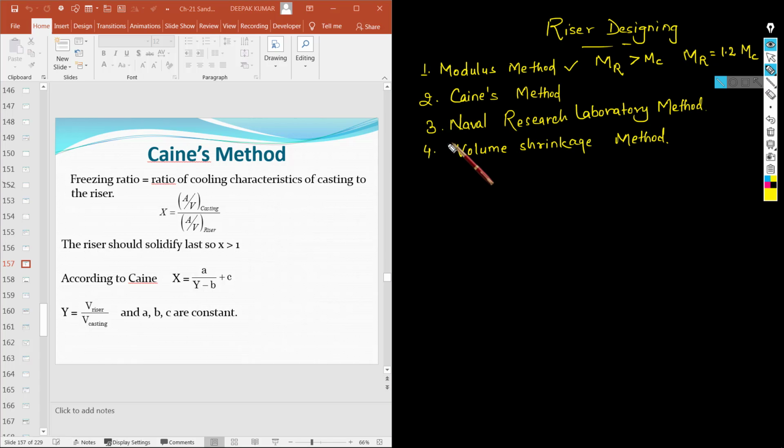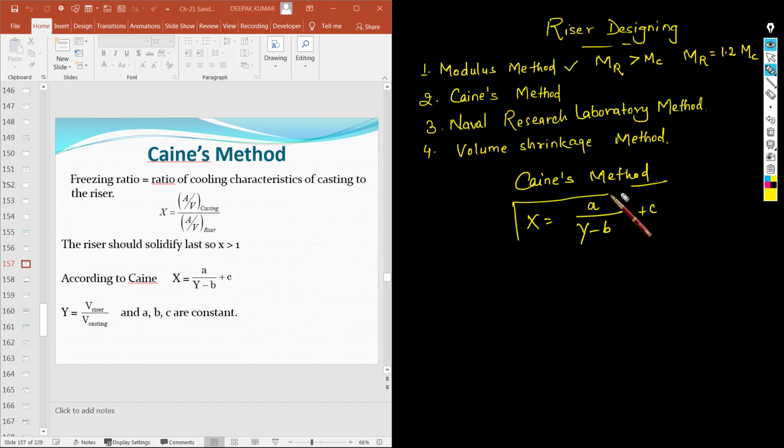So Caine's method talks about one equation. This equation is x is equal to a upon y minus b plus c.